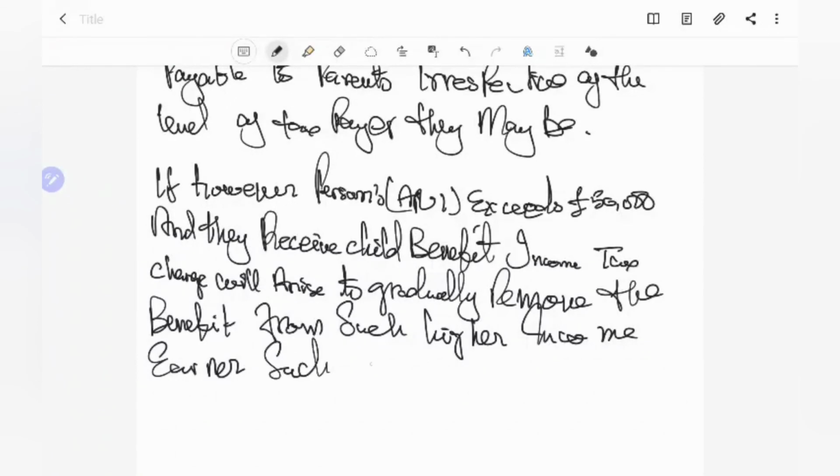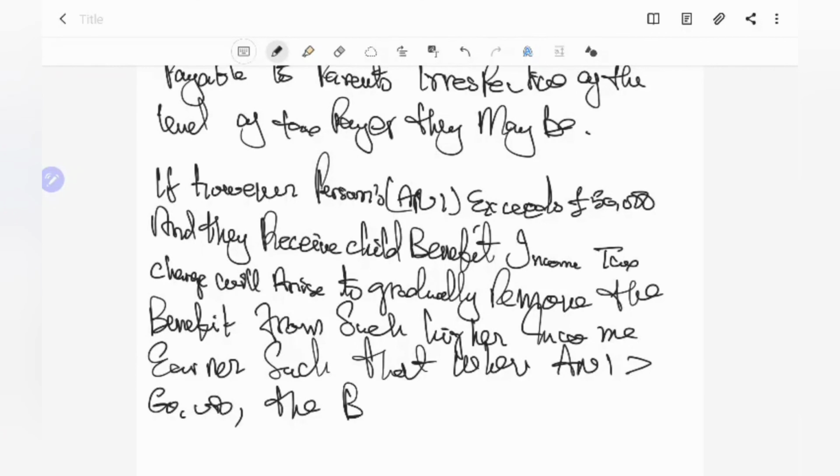Such that when adjusted net income is greater than 60,000 pounds, the benefit will be entirely removed.